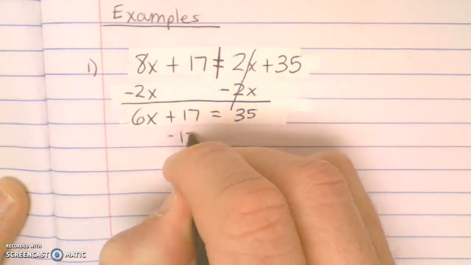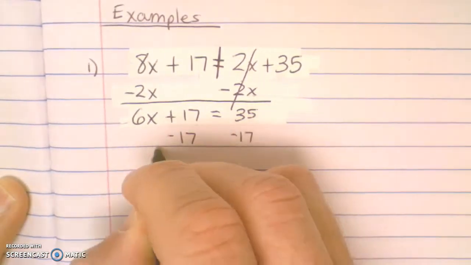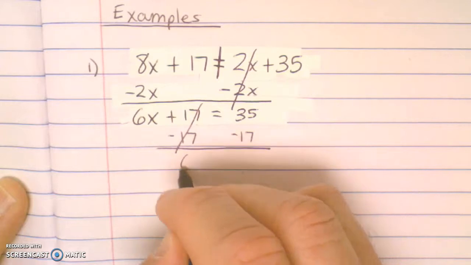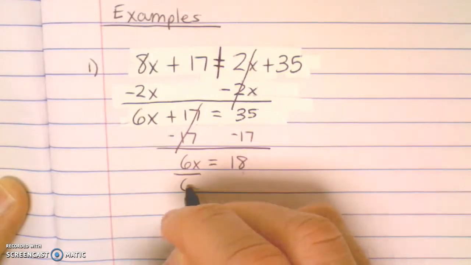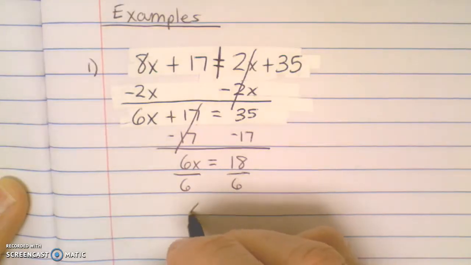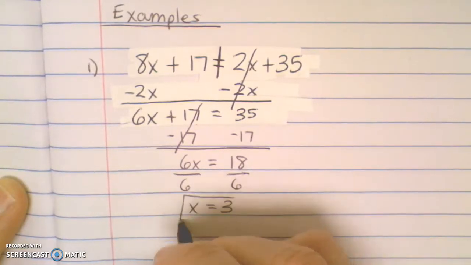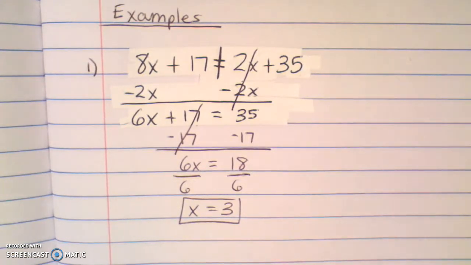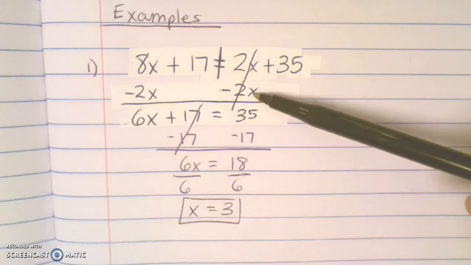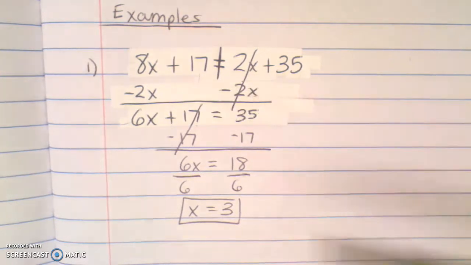We undo by subtracting 17 on both sides. We get 6x equals 18. Divide by 6. x equals 3. So the only new step here is that we have to move the variables to one side of the equation in order to solve.